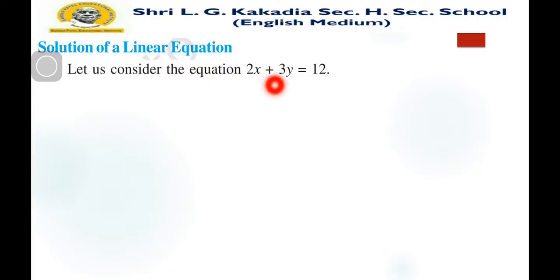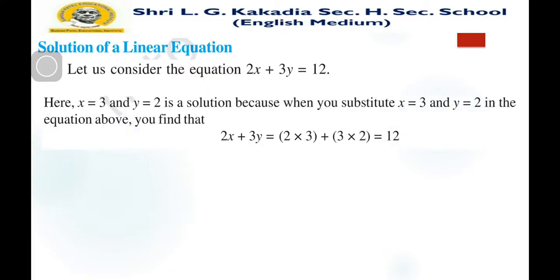If you want to make both sides equal, the RHS is 12, so we have to take values of x and y such that when we multiply 2x and 3y and then add both terms, we get 12.